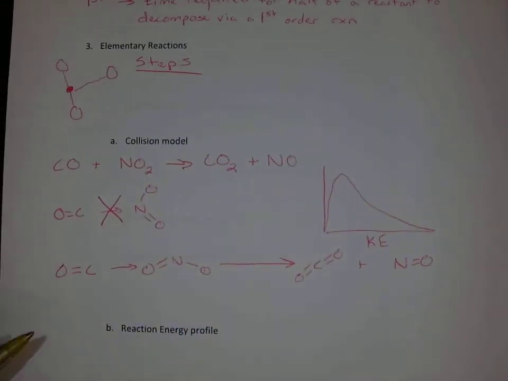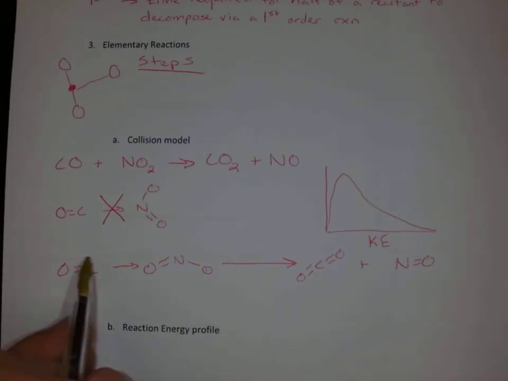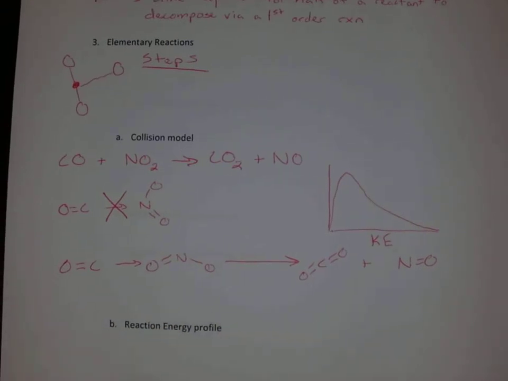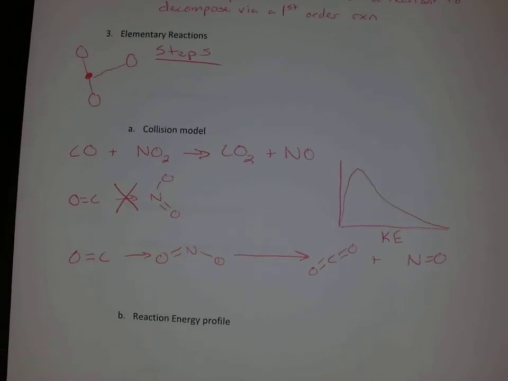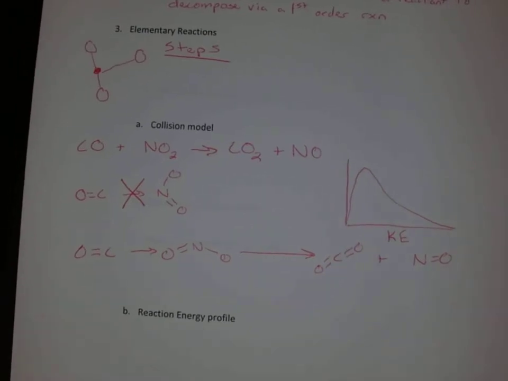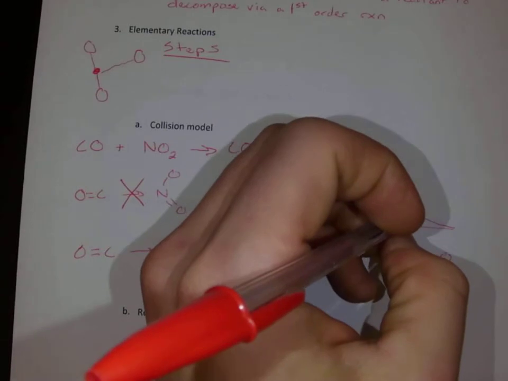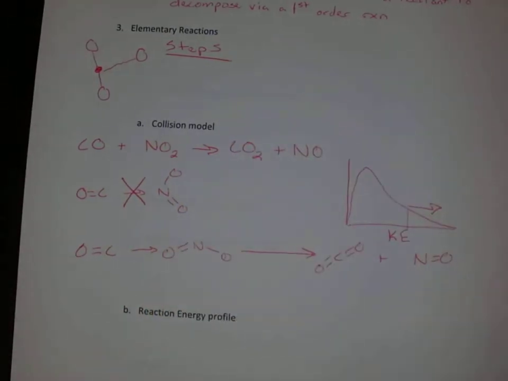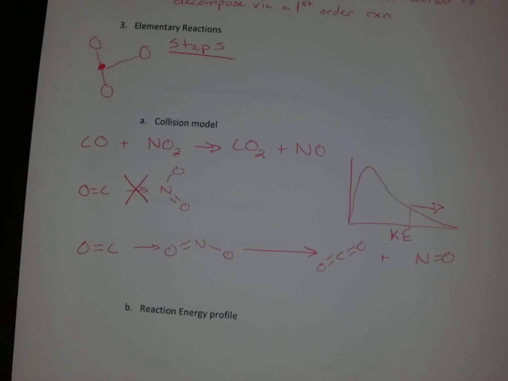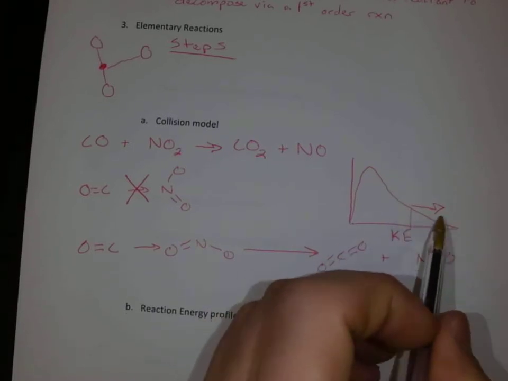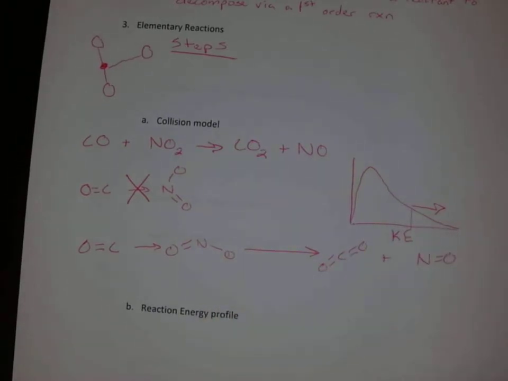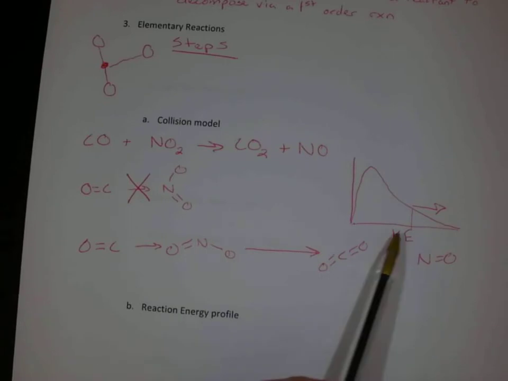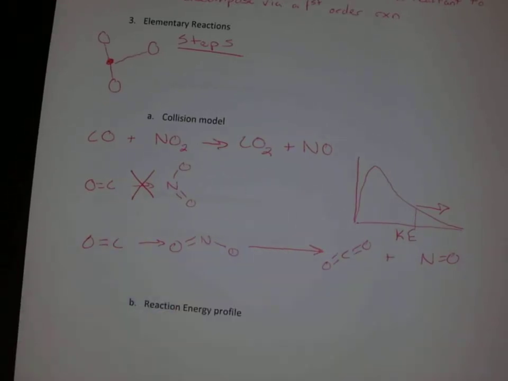And so if we have molecules hitting appropriately and they have enough energy, they can have our reaction occur. So maybe it's only the molecules that have this much kinetic energy or higher. Only these molecules up here are going to be able to react at all, and only the ones that hit appropriately will be able to have our reaction occur.